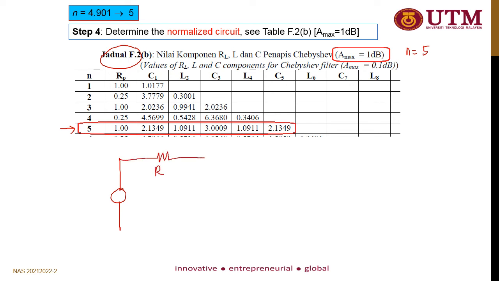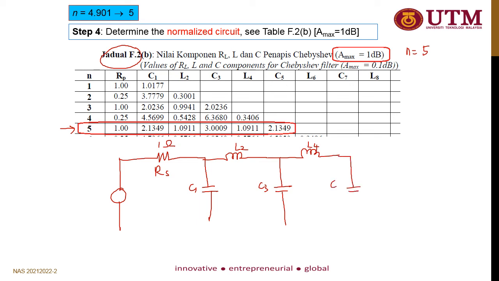So you have your RS, we assume it is 1 ohm, followed by your C1, and then you have L2, and then C3, L4 and C5. Don't forget to terminate your circuit with RL.